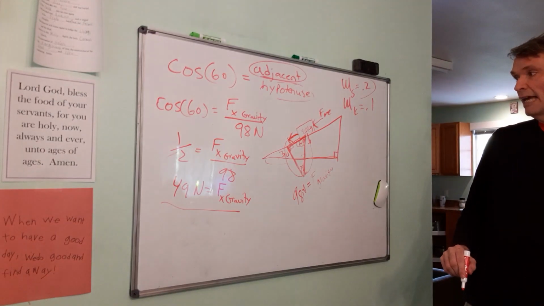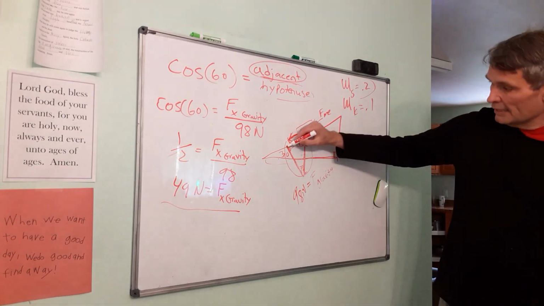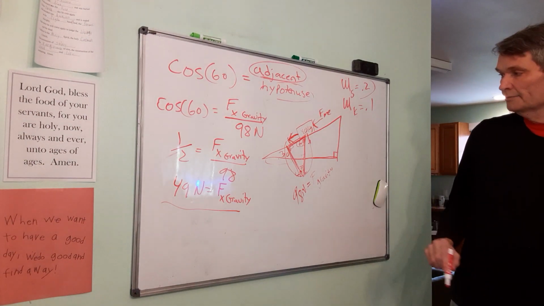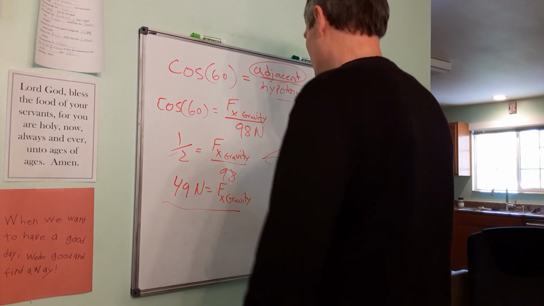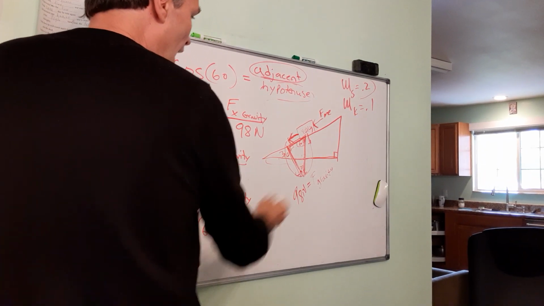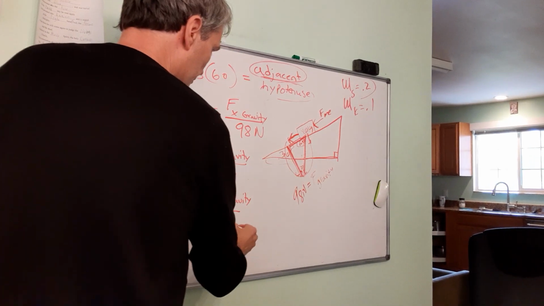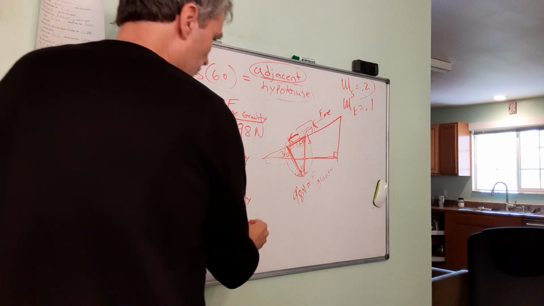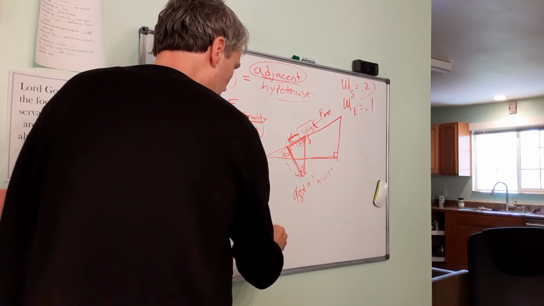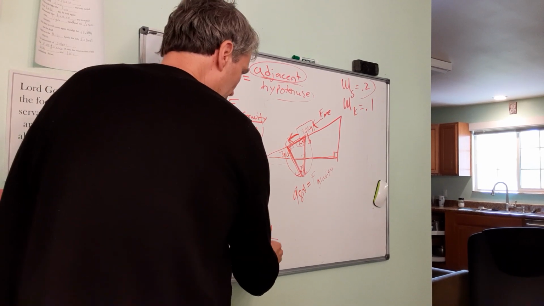So how do we compute that? Well, we need trigonometry again. We need this side over this side, and that's the sine of 60 degrees, which is the opposite side from the 60. Sine of 60 is 0.866, which is going to be Fy gravity all over 98.